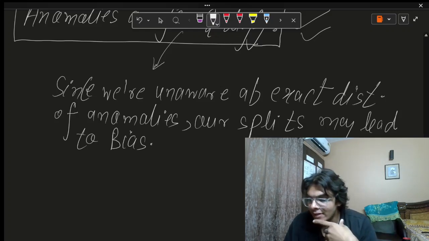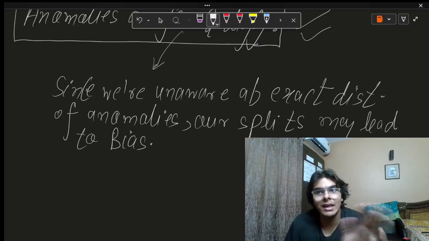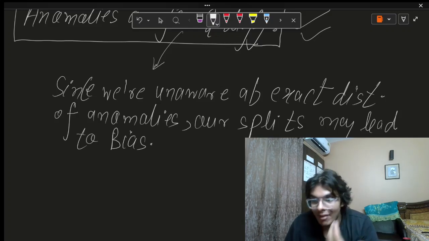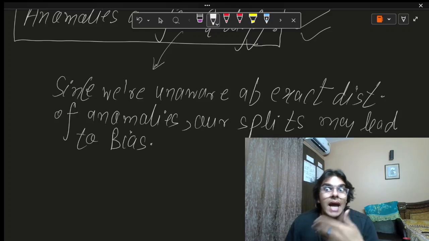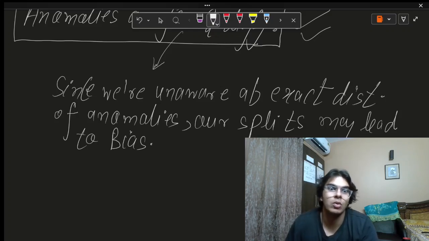But the true thing is, we don't actually know anything about the anomaly structure, so we can never be sure. And assumptions usually kill in machine learning models. We are supposed to assume nothing, because the data can have any sort of distribution. And if we use the incorrect type of model which is not suited to that distribution, then the results will be horrendous. So there is no point.